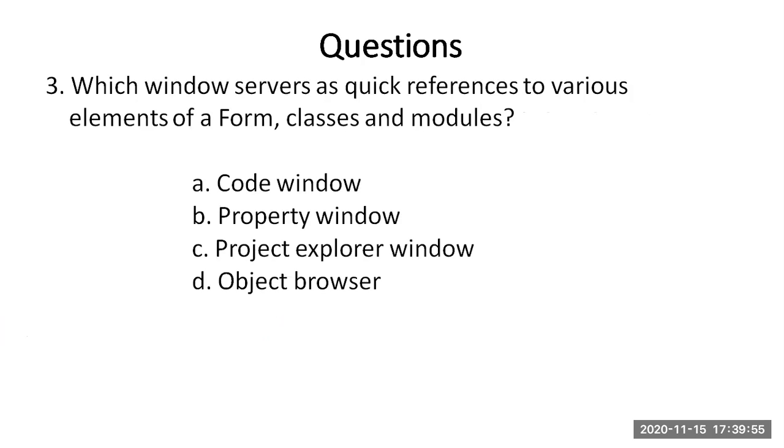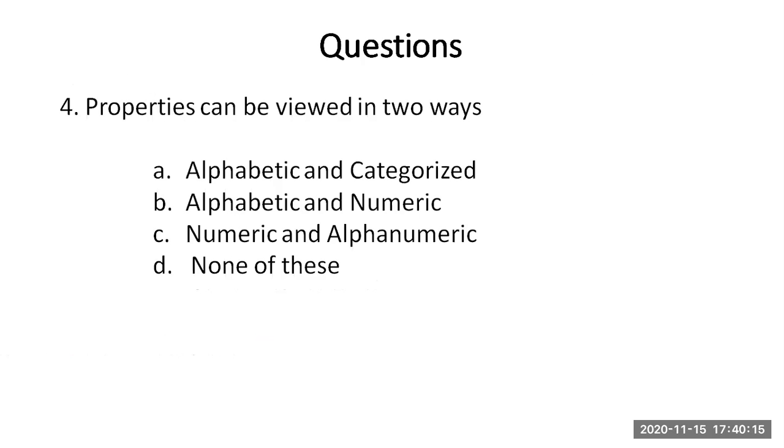Which window serves as quick reference to various elements of a form, classes, and modules? Code window, property window, project explorer window, object browser. The correct answer is object browser. Properties can be viewed in two ways: alphabetic and categorized, alphabetic and numeric, numeric and alphanumeric, none of these.